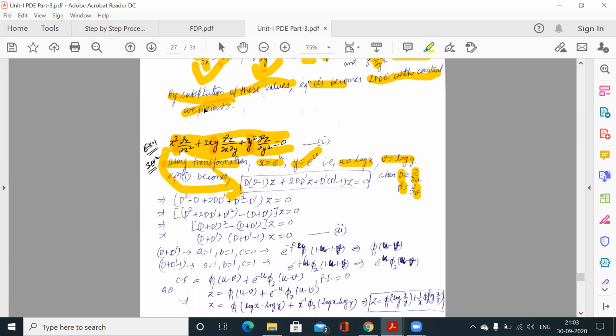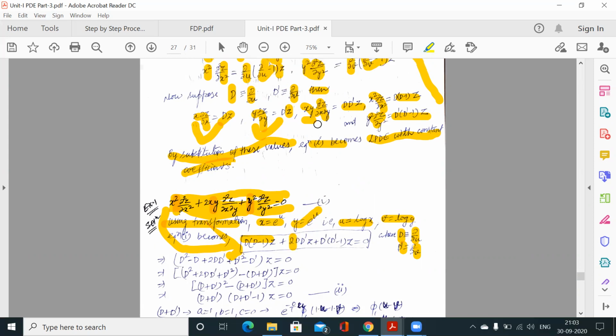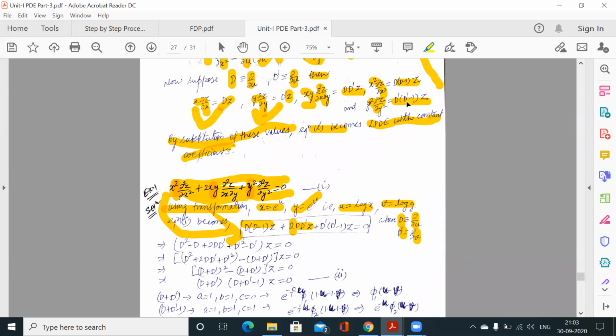Because x² ∂²z/∂x² is a second order derivative, it becomes D(D − 1)z. Then xy ∂²z/∂x∂y converts into DD'z. Now y² ∂²z/∂y² is D'(D' − 1)z, so the equation is equal to 0.